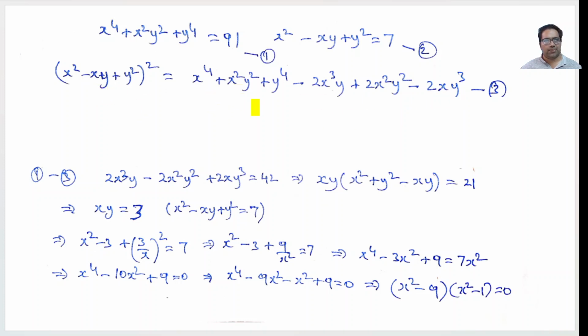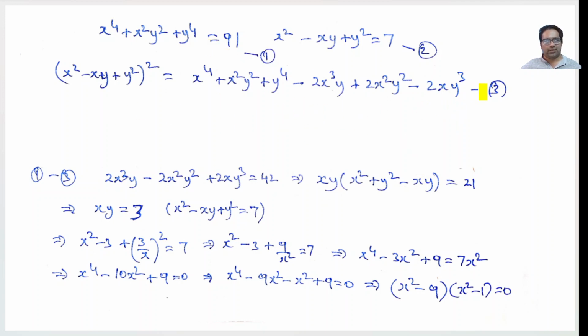That is a square plus b square plus c square plus 2ab plus 2bc plus 2ca. Now this is the equation.